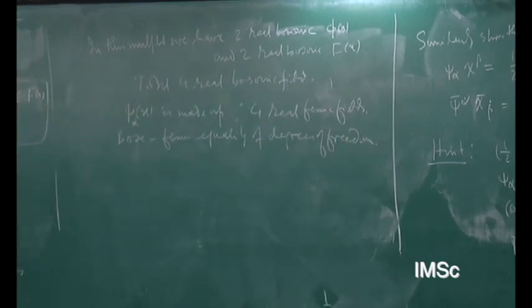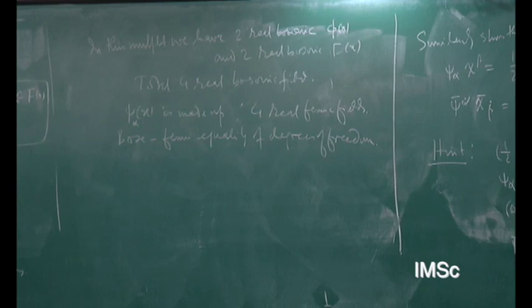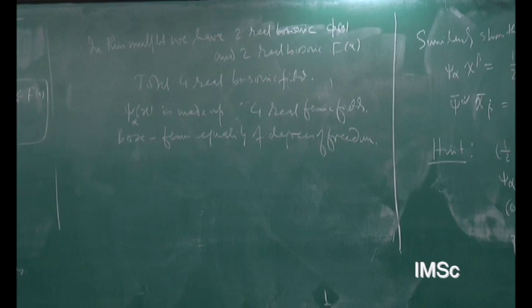How do you conclude that f is fully two real bosonic? It's a complex field from the construction. It's dimension 2, it's a Lorentz scalar, and a complex field.